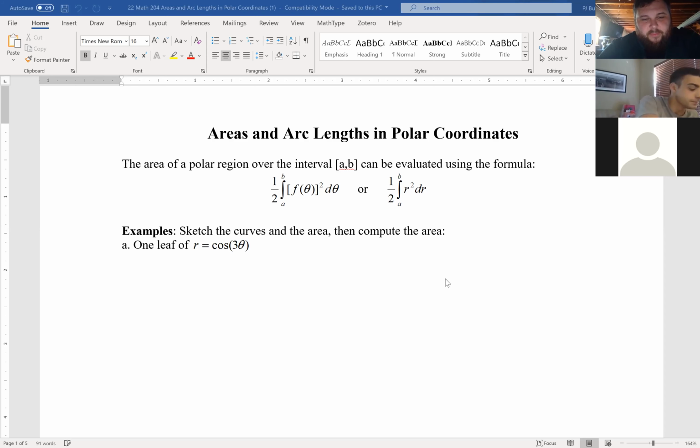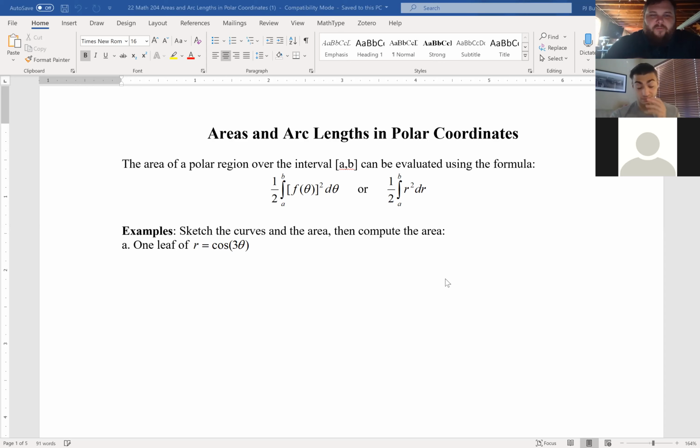And we both learned how to change from polar to Cartesian for coordinates, but also equations. And we also started some kind of calculus with polar functions. We took derivatives and looked at the first and second derivative tests. Well, this is Calc 2, so we also want to learn how to integrate polar functions.